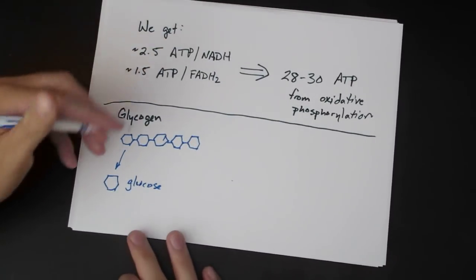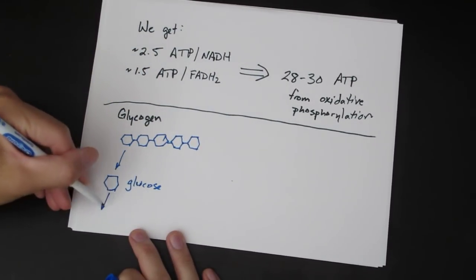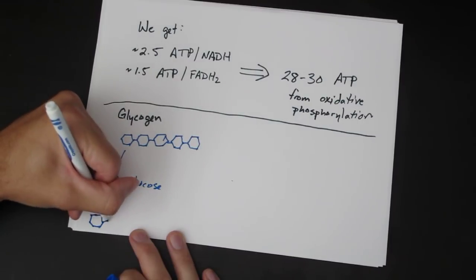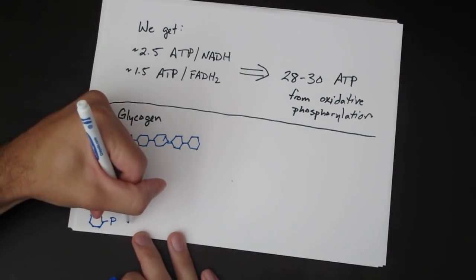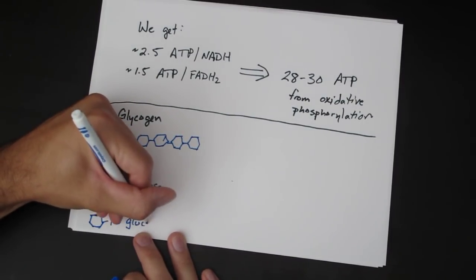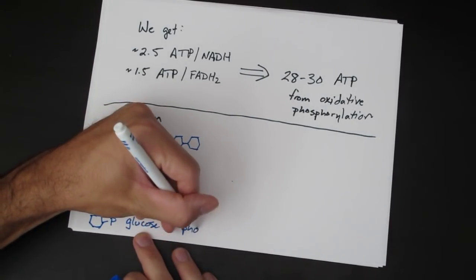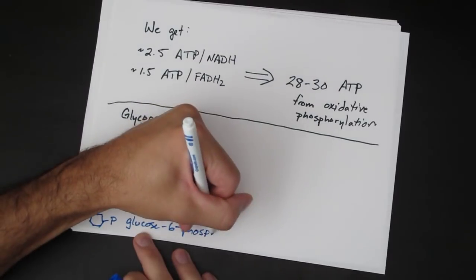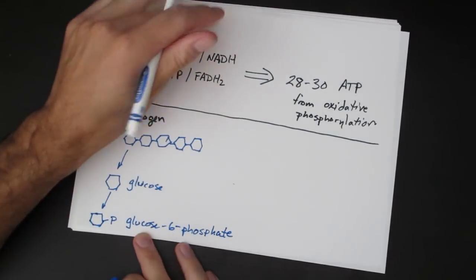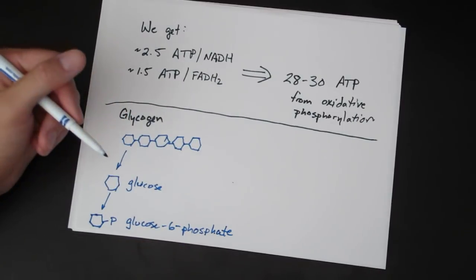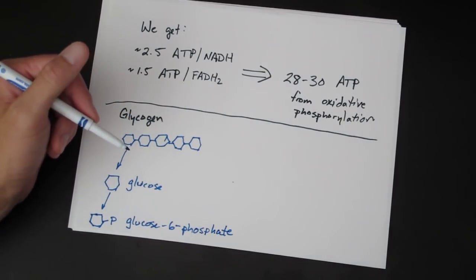In the first step of glycolysis, glucose is converted into what we call glucose 6-phosphate. Simply what we've done here is we've added a phosphate to the 6th carbon on glucose.